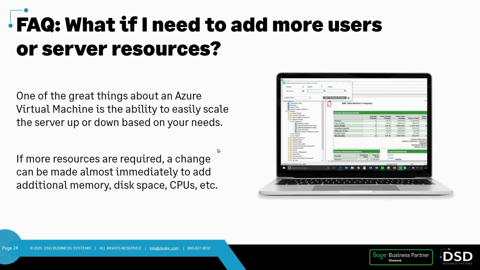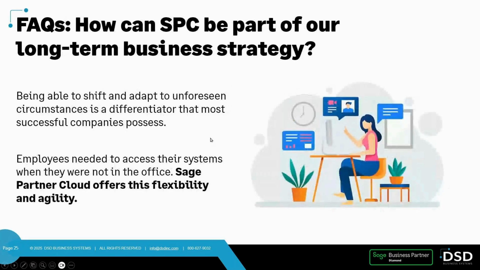If you need to have more users, you just have to reach out to us, and we can sell you more concurrent licenses, and that works just like it does now. We can go in and put the new key in. If we need to expand the server, we can expand it. If you need more hard disk space, or we're running out of memory or CPU, we can always expand that also. So we have the capability to do all of that different stuff.